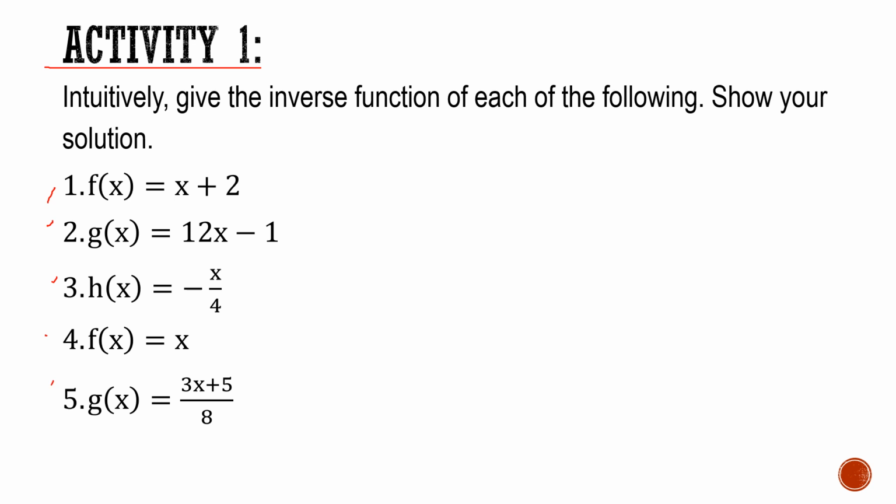So there are 5 functions here. First thing to do is to check if the given functions are one-to-one functions. If not, then we can say that there is no inverse function for this given function. If it is a one-to-one function, then we can solve for the inverse function.